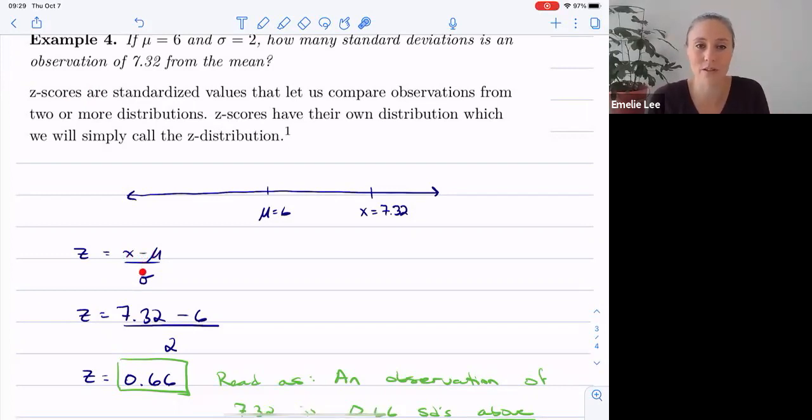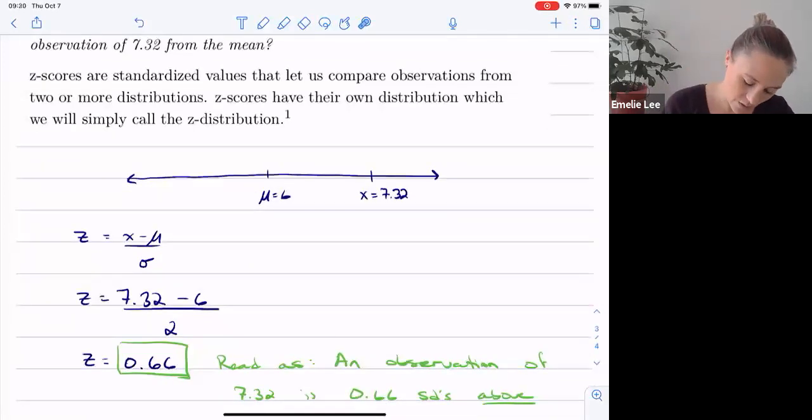It's 0 standard deviations away from the mean, because it's itself. Then if I go to 4, that would put me at a z-score of -1, because 4 minus 6 is -2, divided by 2 puts me at -1. So z-scores make this standardized distribution.